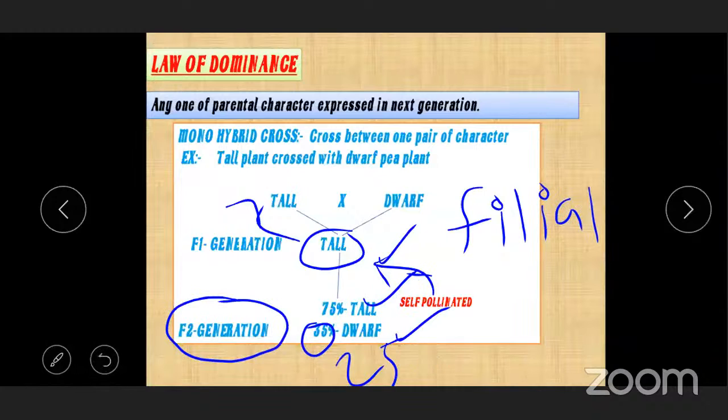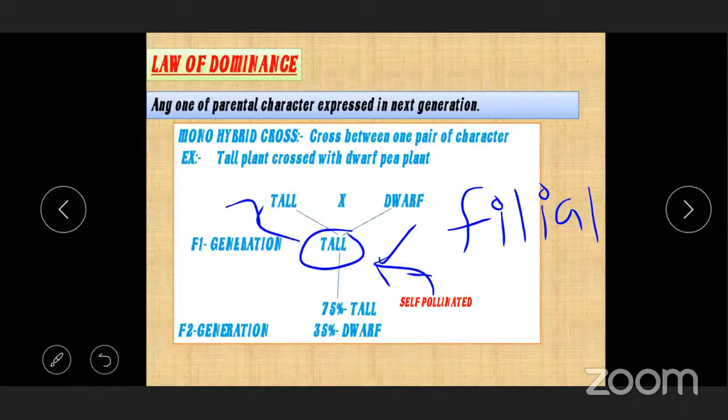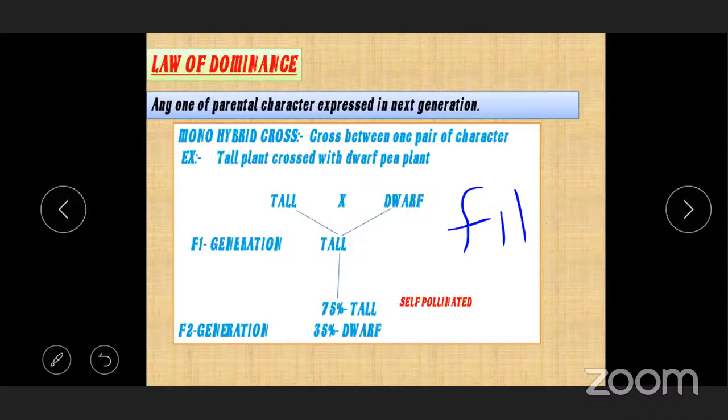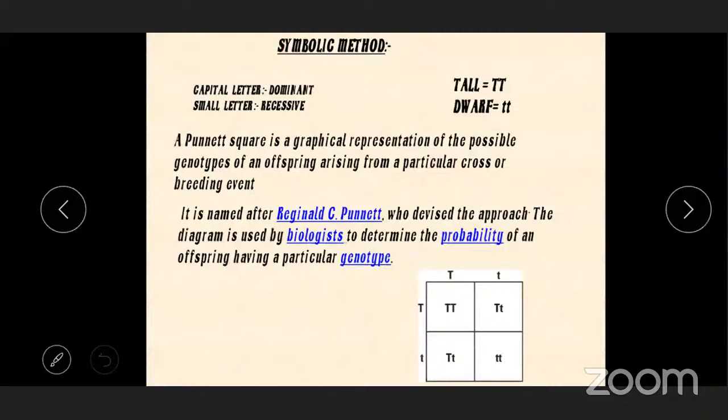Okay, students. To understand the monohybrid cross and the law of dominance very easily, we have to use the symbolic method.